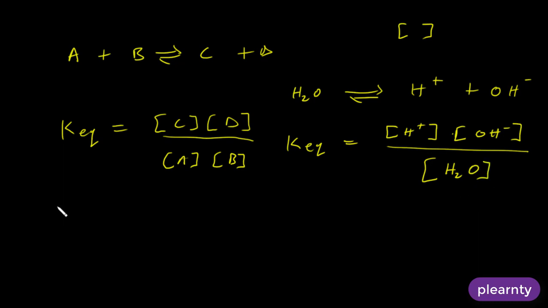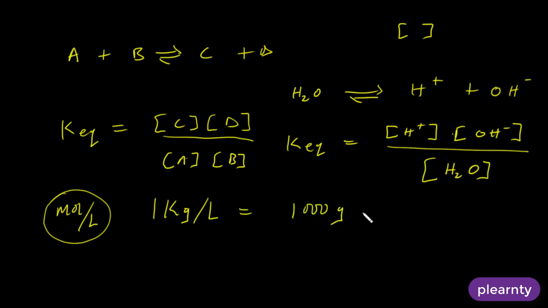To get the concentration of water, we need to know the mole and the volume, so in mole per liter. But we have some information here. The density of water is 1 kilogram per liter, which is equal to 1000 grams per liter. And we also know that the molecular mass of water, that is the mass of 1 mole of water, is 18.015 grams per mole.